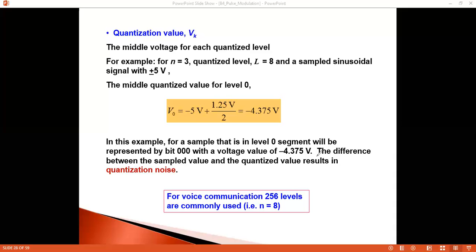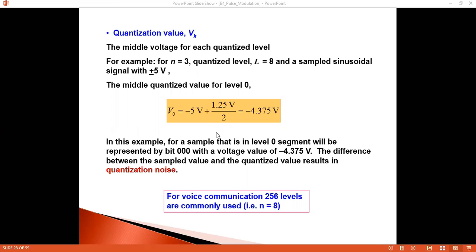The difference between the actual sampled value and the quantized value is known as the quantization noise or quantization error. Okay, so that's it for some terms, introduction to PCM.